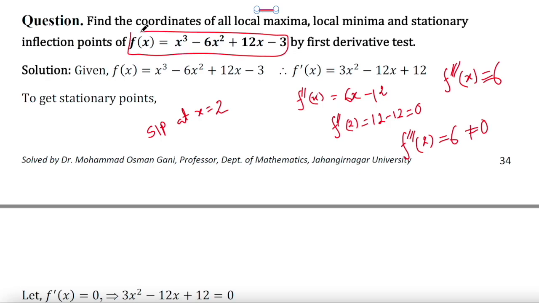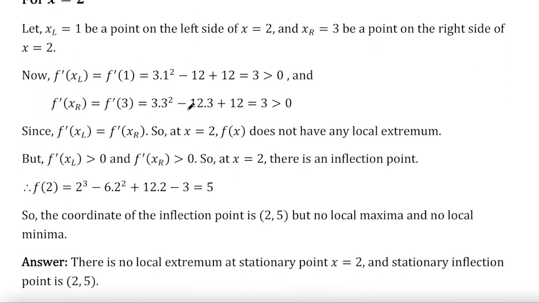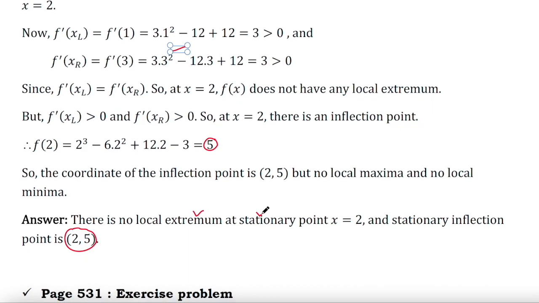If you put x equal to 2 in the given function, you will get 5. So the coordinate of the SIP is (2, 5), and there is no extremum point. It means there is no maximum point, no minimum point.